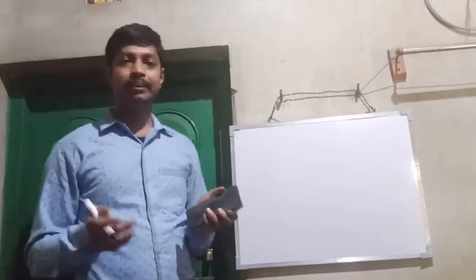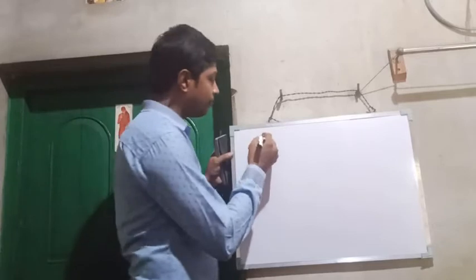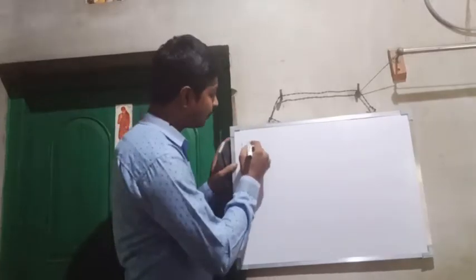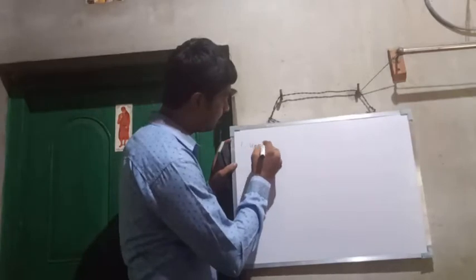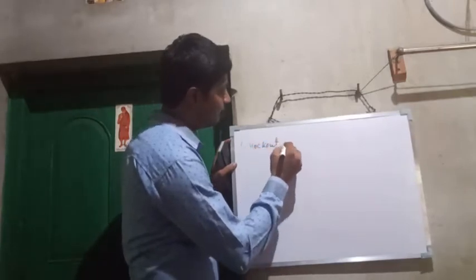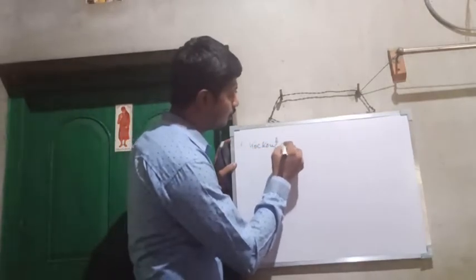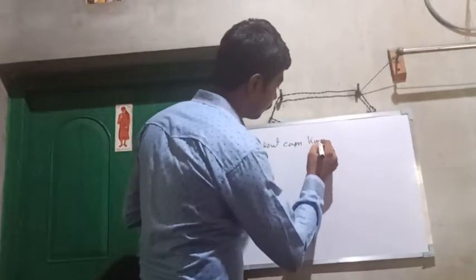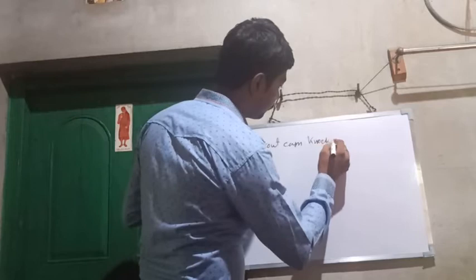Which are the systems? Combination tournament has four types. One is knockout cum knockout.